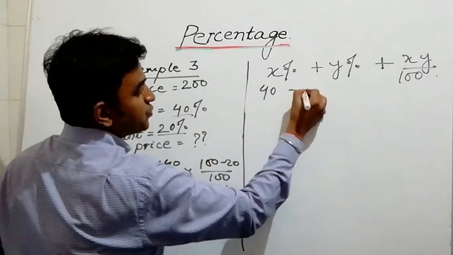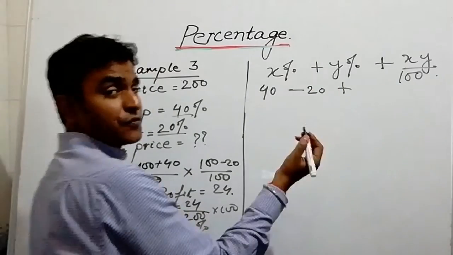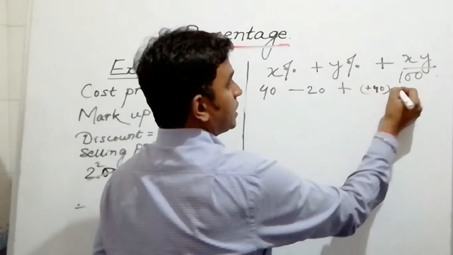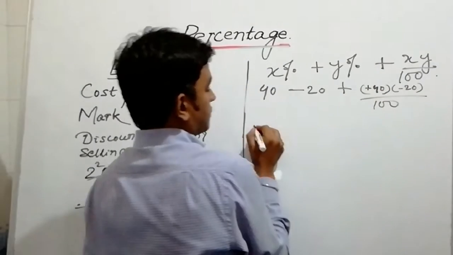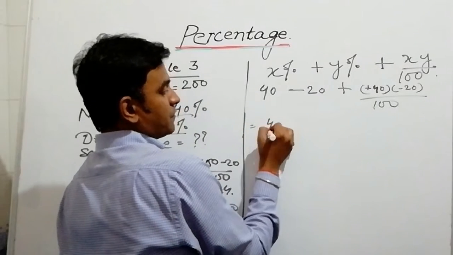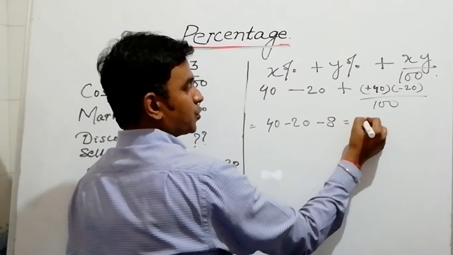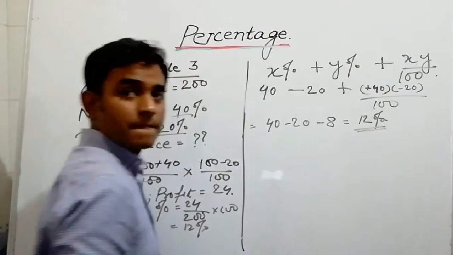So it becomes minus 20 plus xy. So plus 40 into minus 20 divided by 100, which is equal to 40 minus 20 minus 8, which is again equal to 12%, right?